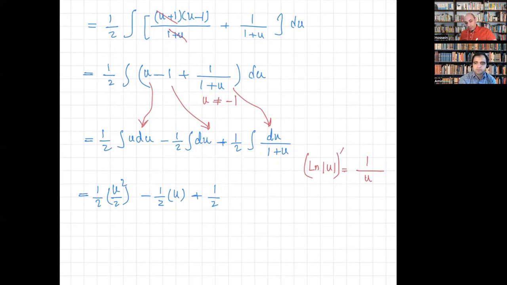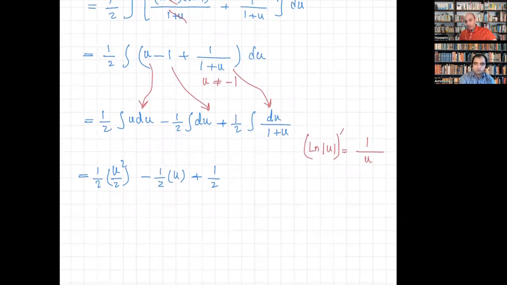So here in my case, instead of u, I have 1 plus u, so that constant 1 is not going to do anything. So I'm going to use this derivative identity here.